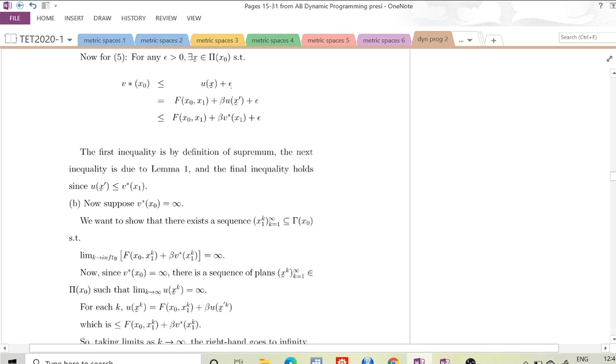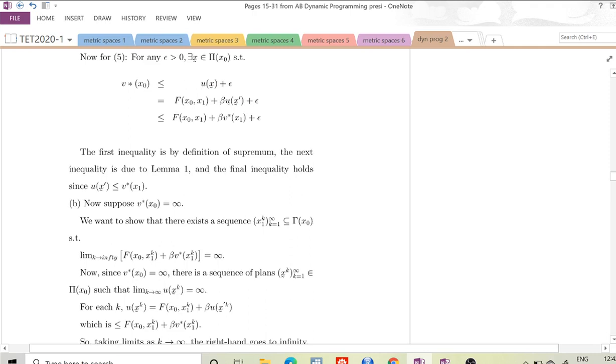So you start here, right? Once you start here, you then unpack this. You say, hey, this is the current reward plus beta times discounted present value from tomorrow. Okay. And then you say, look, this is discounted present value from tomorrow for this feasible plan that I had. That feasible plan is something where the original discounted present value is very, very close to V star of X naught.